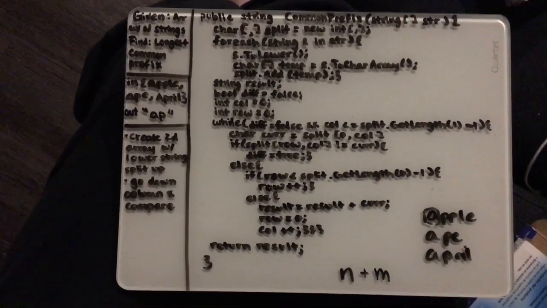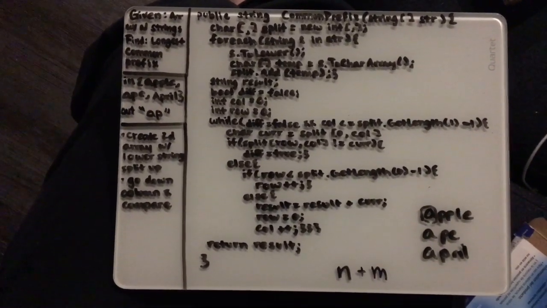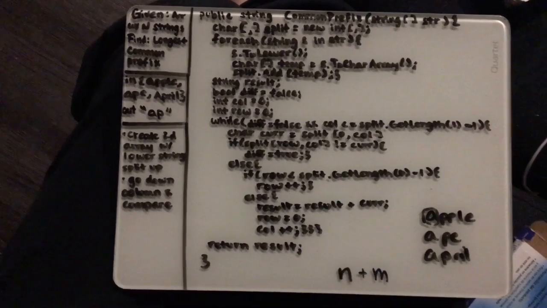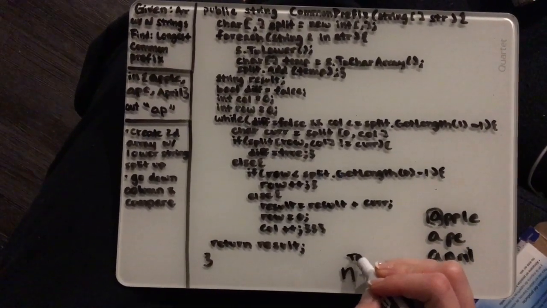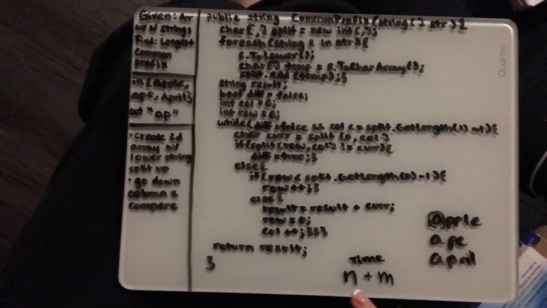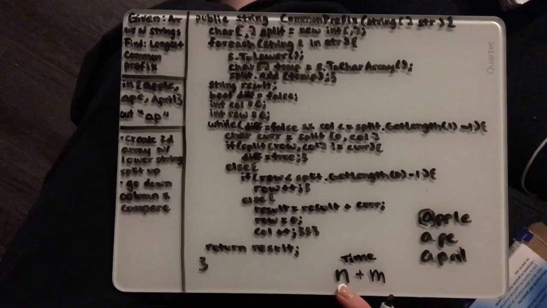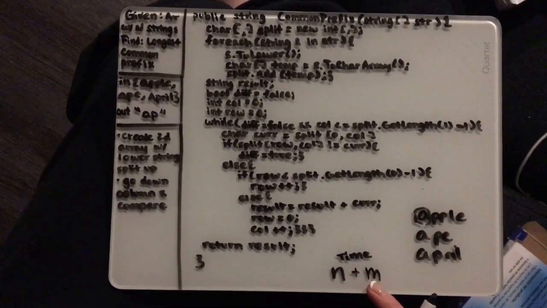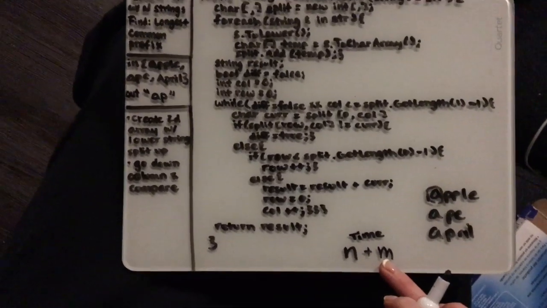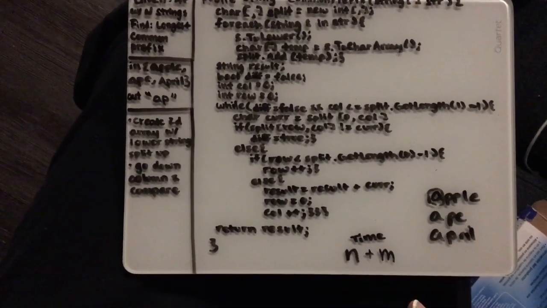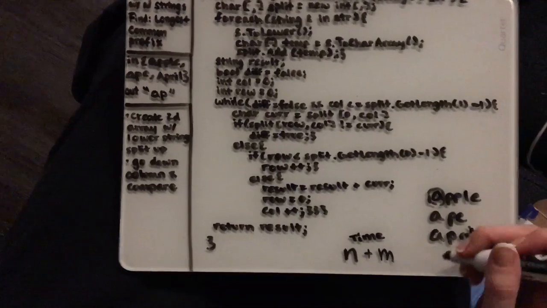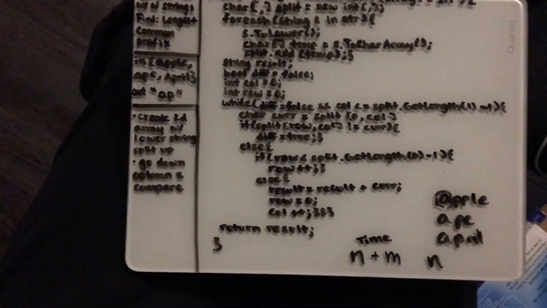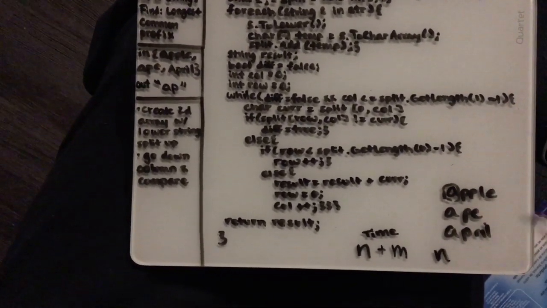So the time is n plus m, where n is the number of strings and m is the number of characters in the first string, and space is n for the new character array.